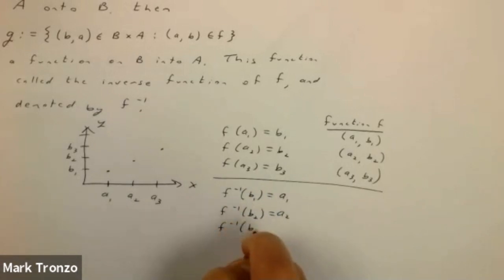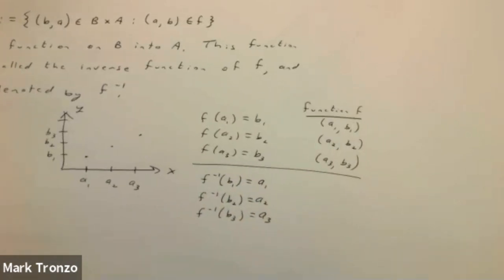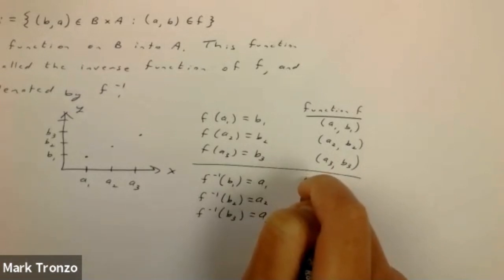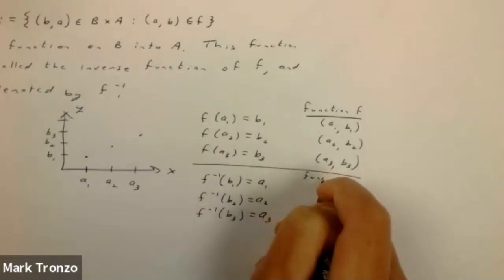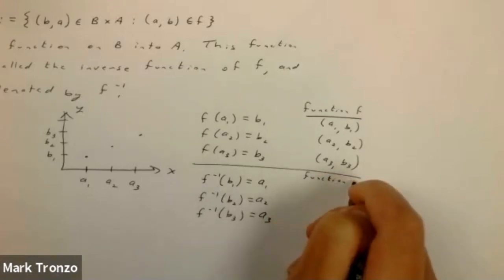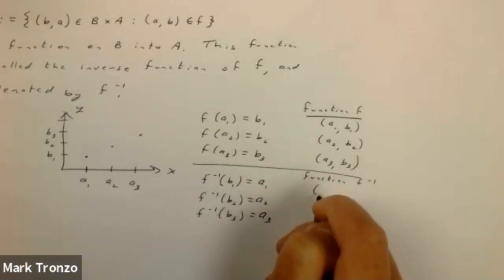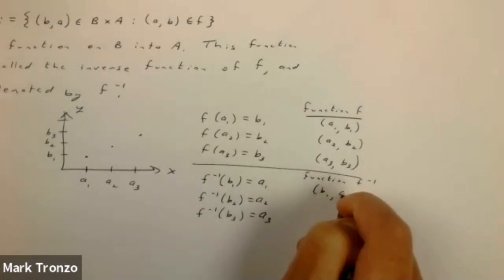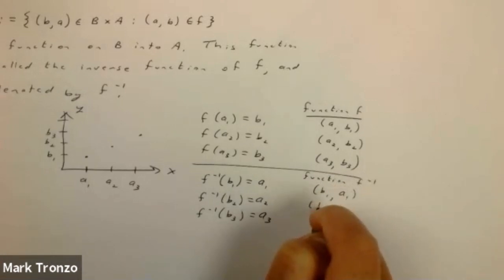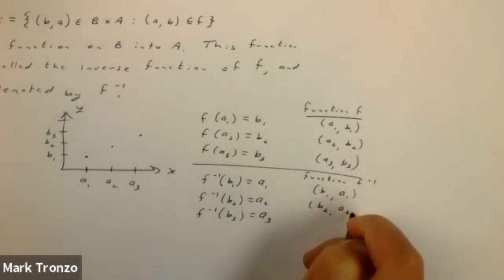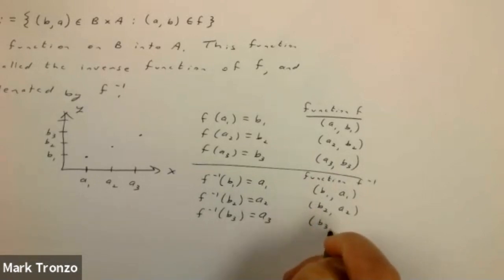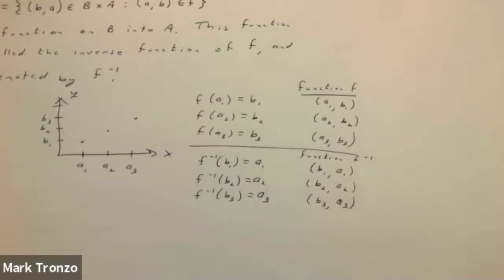If you put in the inverse function B3, you get A3. And then your inverse function is just going to be these pairs, like they're showing here. You put in B1 and get out A1, B2, get out A2, B3, you get out A3 like this.